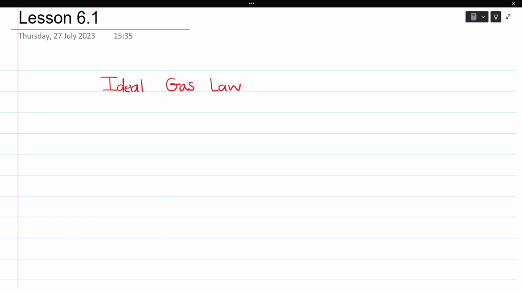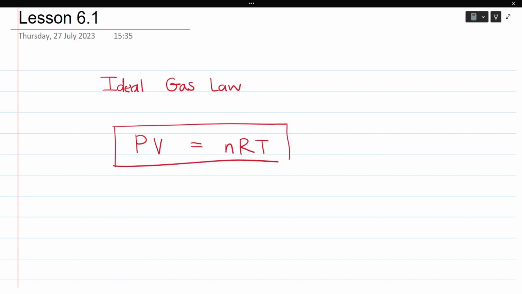So the ideal gas law goes something like this. We have PV is equal to nRT. And now each of these things stands for something.